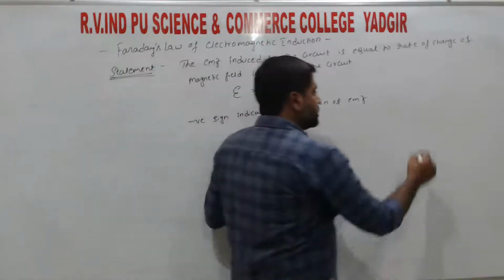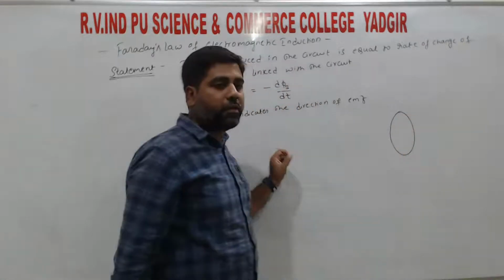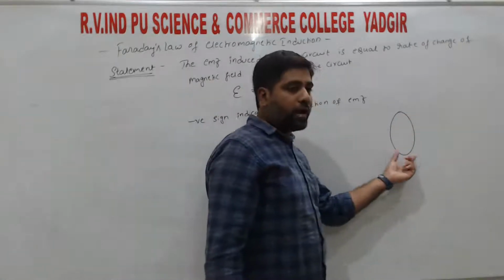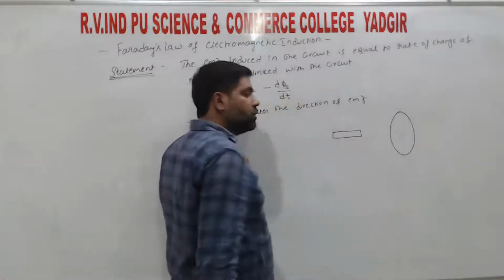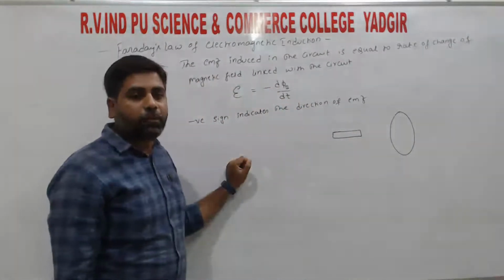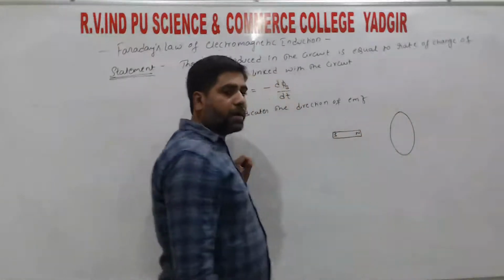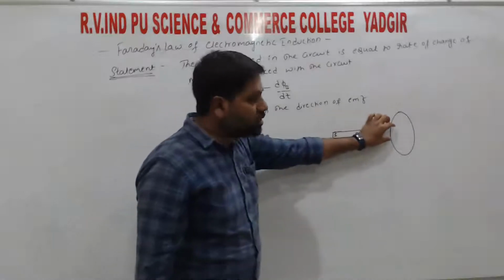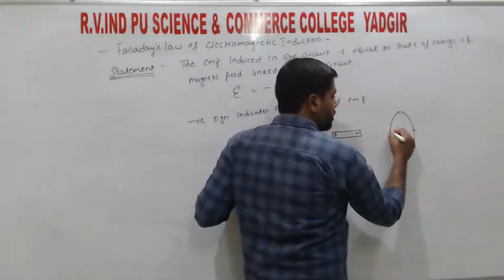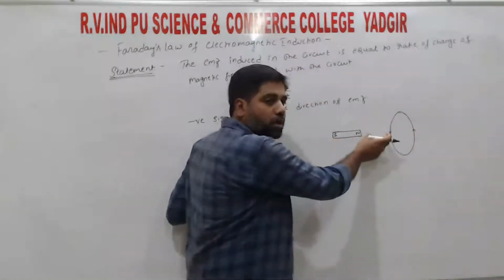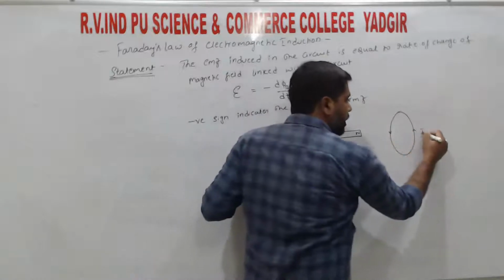So in the last class we took a number of coils. Here we considered one coil, right? To this coil, again the coil and magnet experiment, right? The north pole of the magnet is moved towards the coil, so current is generated in the coil, right? So now we are moving the magnet, and in the coil the current is generated, right?